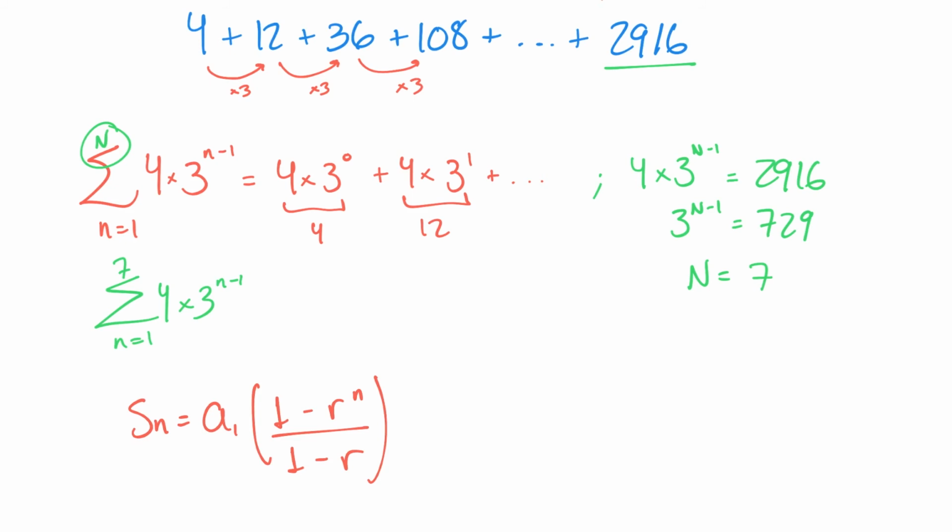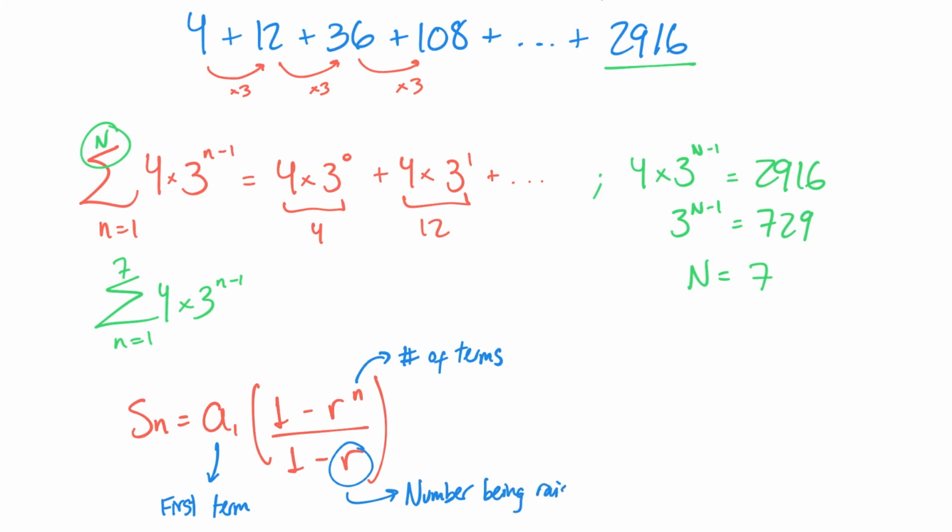where this is the first term. Again, this is the number of terms in the series, and r is the number being raised to the power of n minus 1.